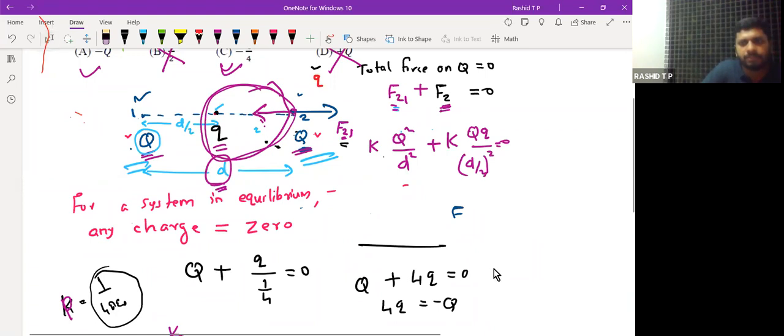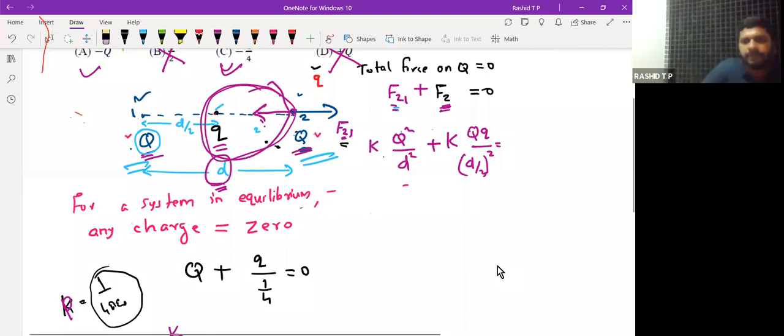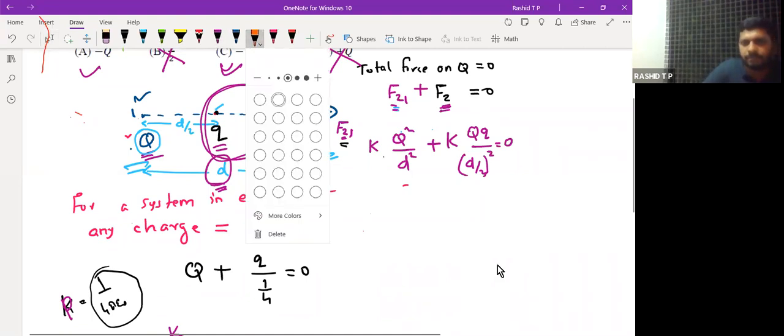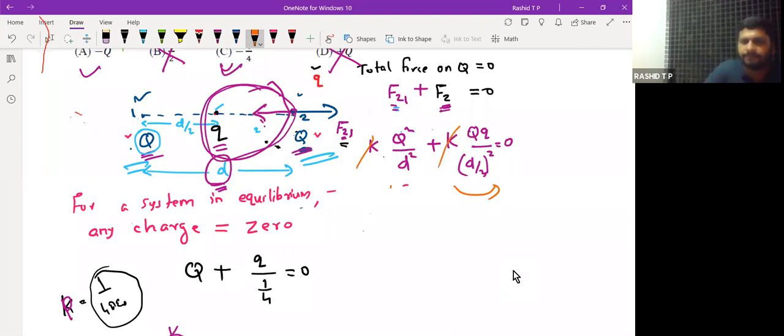I hope up to this you are clear. Yes, sir. Fine. Now the right hand side is 0, no? If the right hand side is 0, you can bring this term to this side, that is okay. Good. Then this and this cancel.